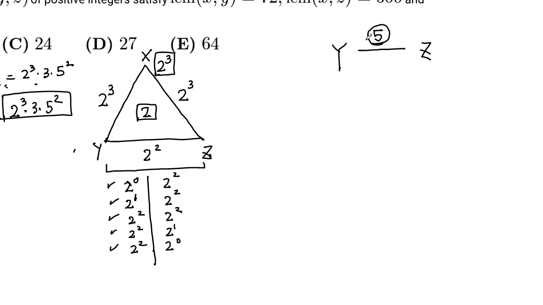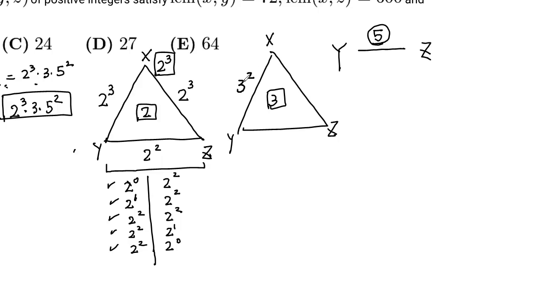All right. Now take a look. The next is number 3. Number 3 over here. This is x, y, g. The factor of 3 is 3 squared over here. Between y and g, 3 squared. This is only 3 to the 1, right?